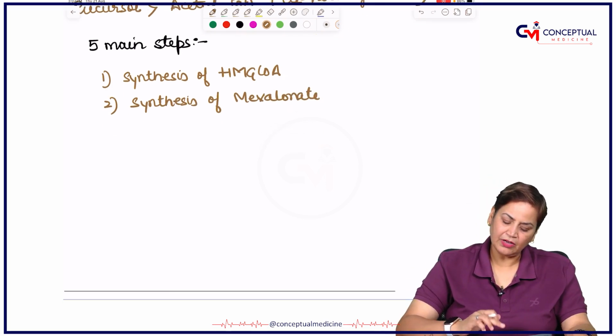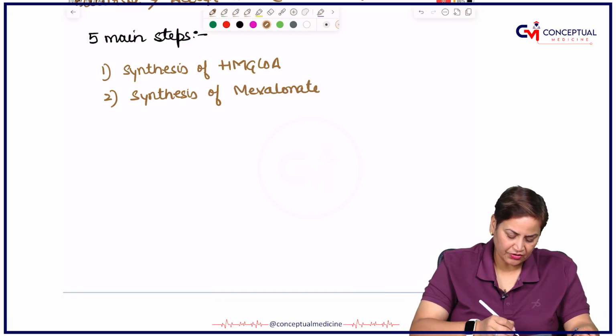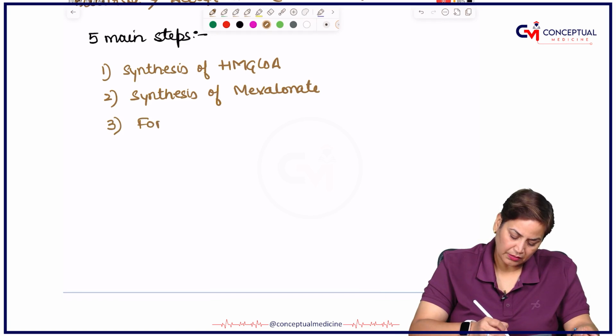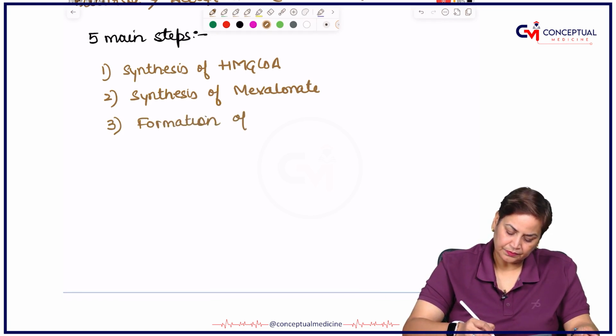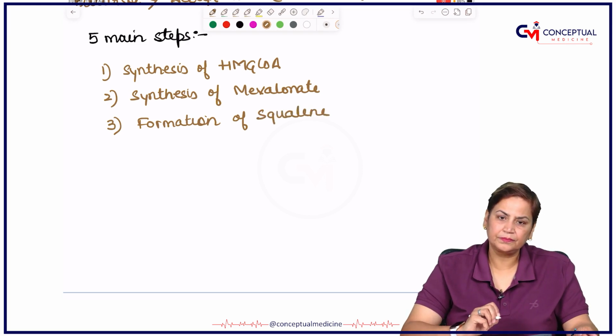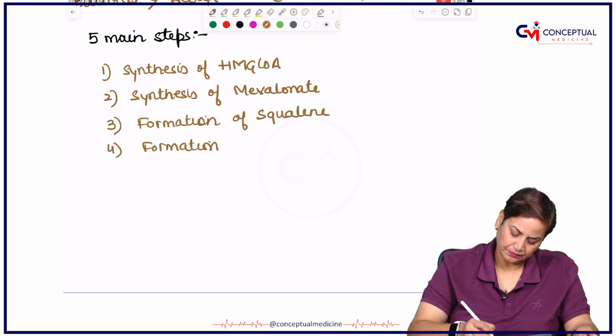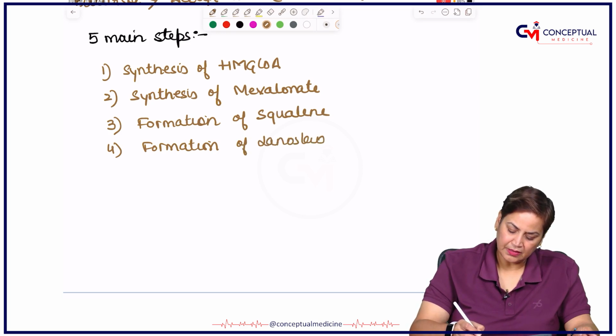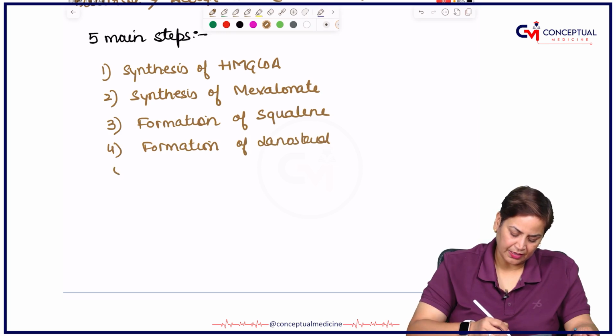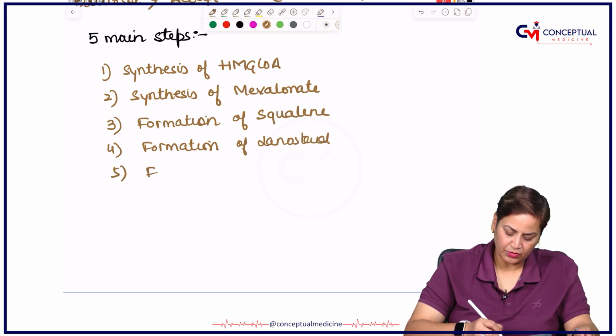Then mevalonate will undergo different phosphorylation reactions. Third is formation of squalene. Fourth, formation of lanosterol. And fifth is formation of cholesterol.